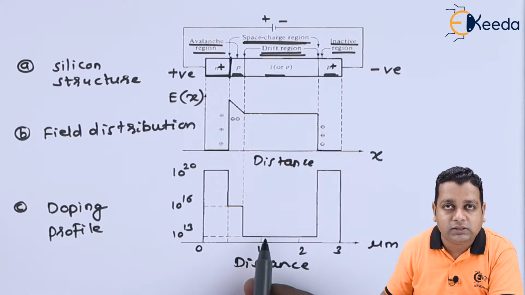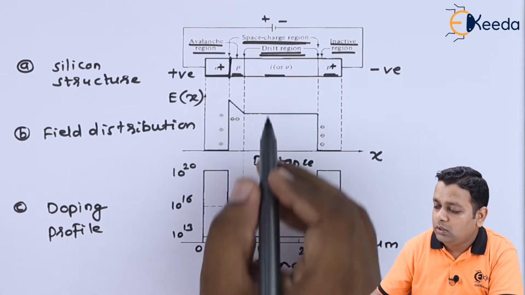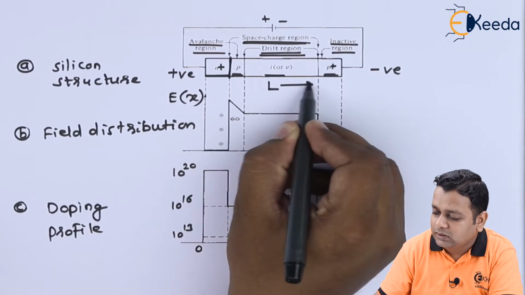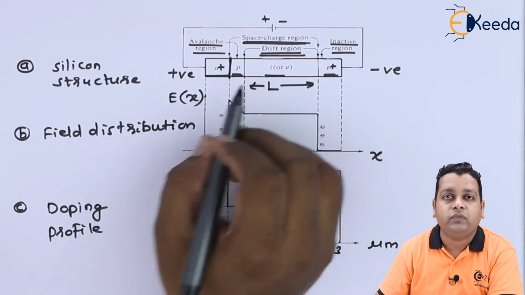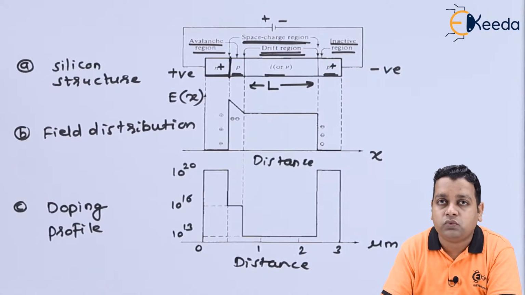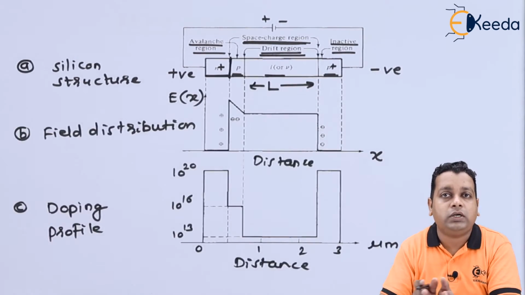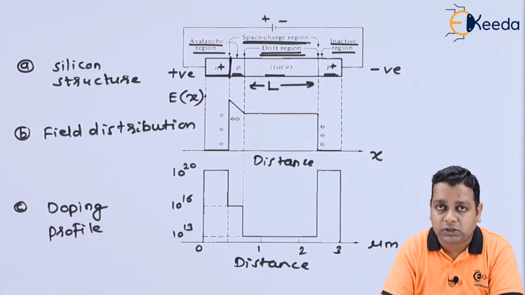On the distance axis, with respect to the intrinsic region, we mark capital L as the maximum length the high field domain has to travel. So there is a drifting of the high field domain from this position up to this position, and it will have a drift velocity also.